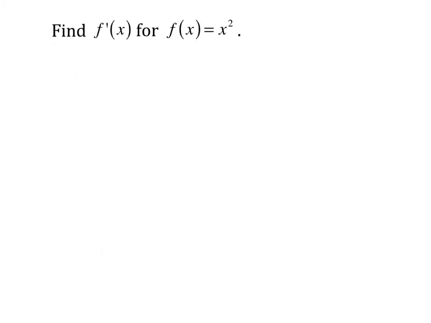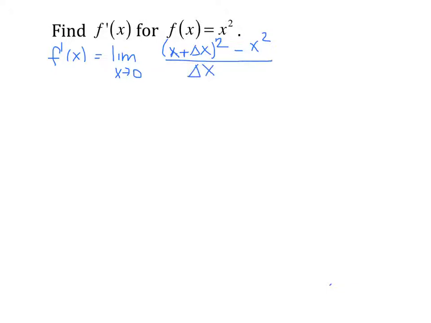We have f prime of x equal to the limit as delta x approaches 0 of x plus delta x squared, so that's inputting x plus delta x into our function, minus x squared, that's f of x, all over delta x. We just have to find out what this limit is.